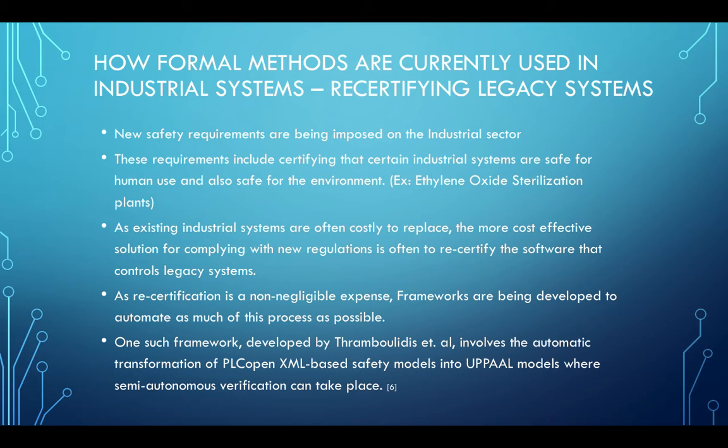And the infrastructure that currently exists in industry is very expensive. So when new requirements are imposed, it's often not possible economically to completely replace a legacy system with one that has already been certified. It's often much more cost-effective to update the software that controls the legacy system and then recertify the whole system with the new software.